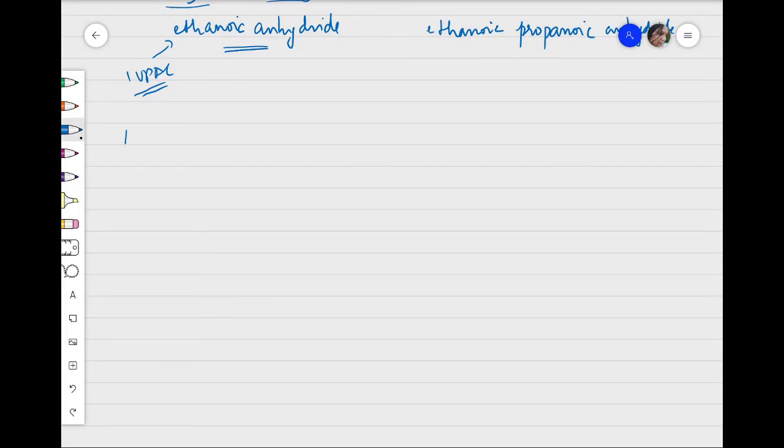Let's now go to amides. Amides means when I have replaced the OH with NH2. So we remove the OIC acid part.